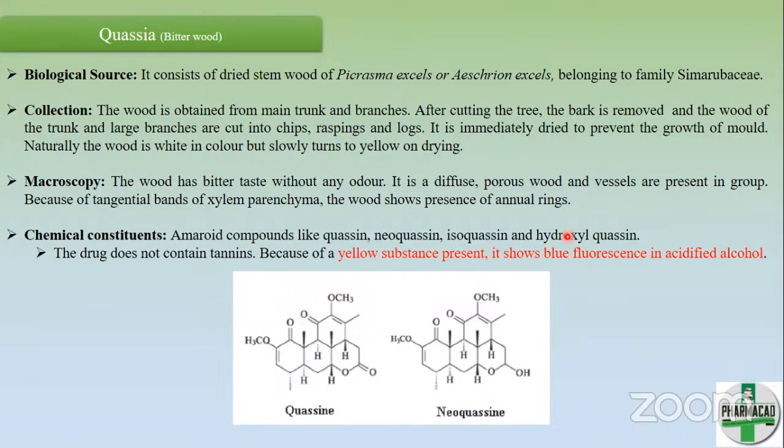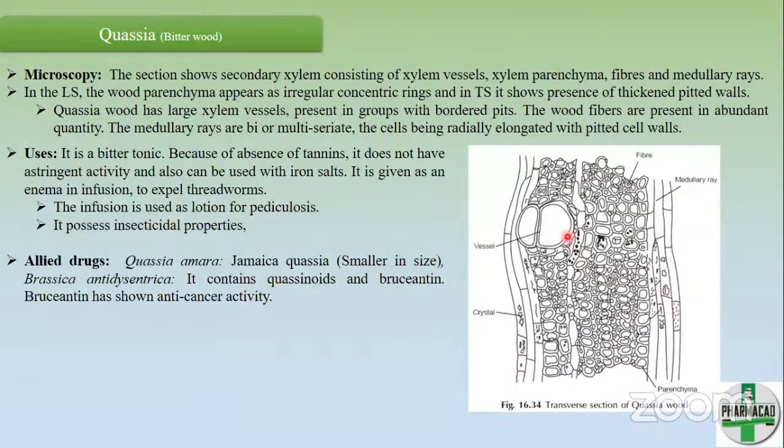If you look at the microscopy of this plant, the section will show secondary xylem. If I have to speak more about this wood, you must have taken its TLS, RLS. Correct?